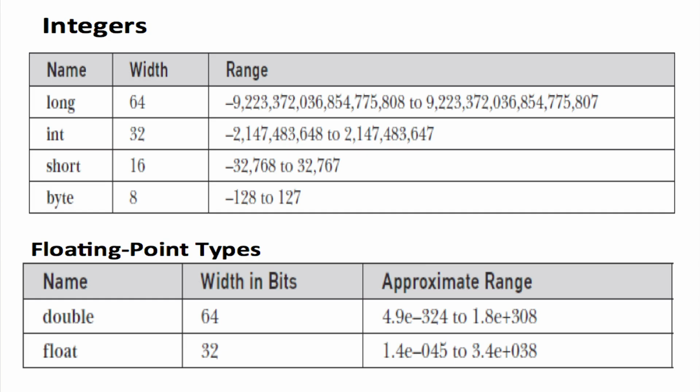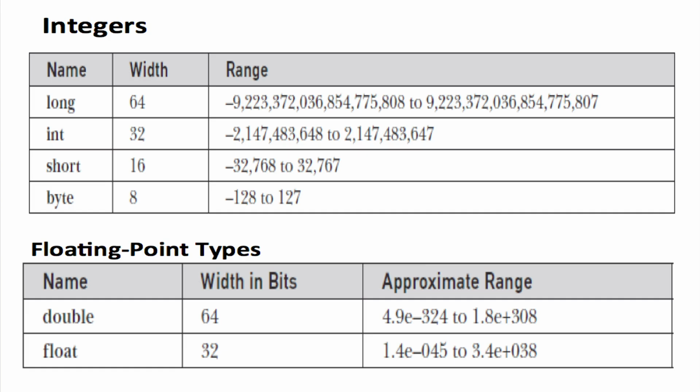The range of byte is -128 to +127, and at the same time the range of short is -32,768 to 32,767, and their width, meaning their memory size, is also given here. The byte takes 8-bit, meaning 1 byte, short takes 16-bit, meaning 2 bytes, integer takes 32-bit, meaning 4 bytes, and long takes 64-bit, meaning 8 bytes.